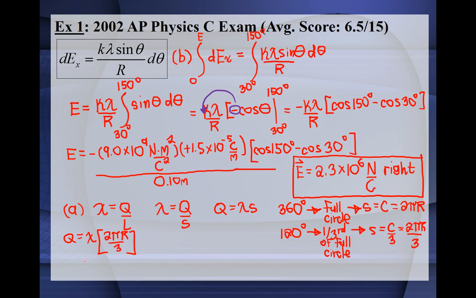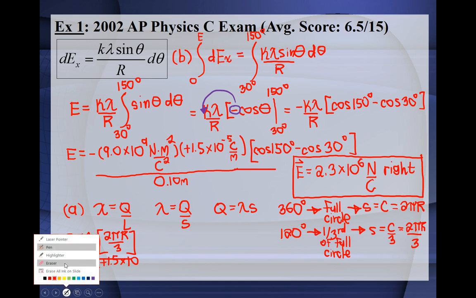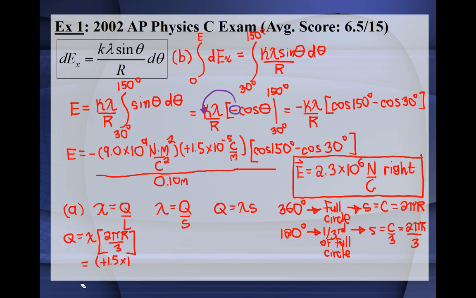Okay, let's plug the numbers into this equation. The linear charge density is positive 1.5 times 10 to the negative 5 coulombs per meter. Not that it's a big deal, we can just ignore that horizontal line if it happens again.